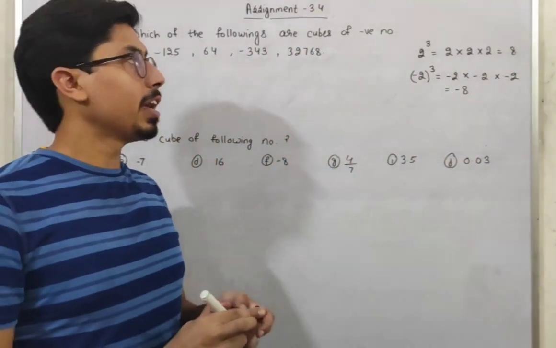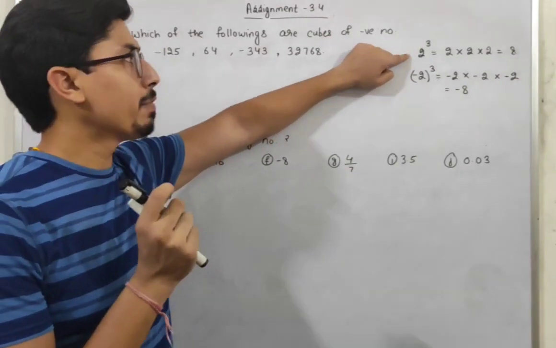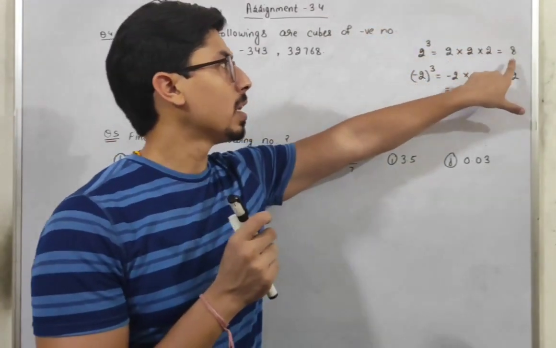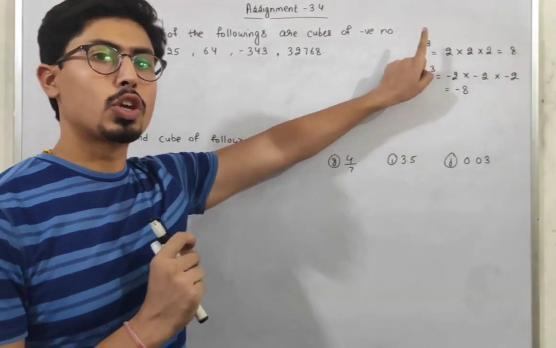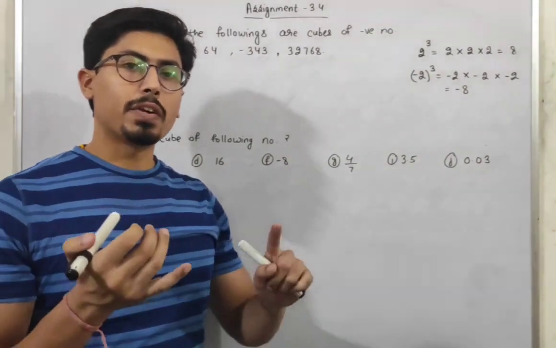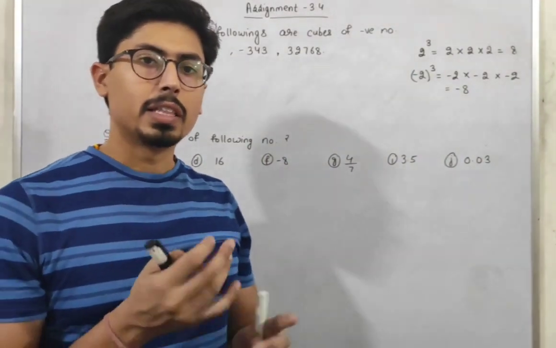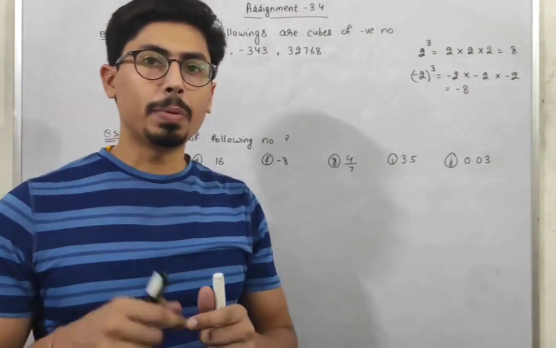That means if I take a positive number and find its cube, it will be positive. But if I take a negative number, then its cube will also be a negative number. Okay, that means if a number is positive, then its cube will be positive. If a number is negative, then its cube will be negative.